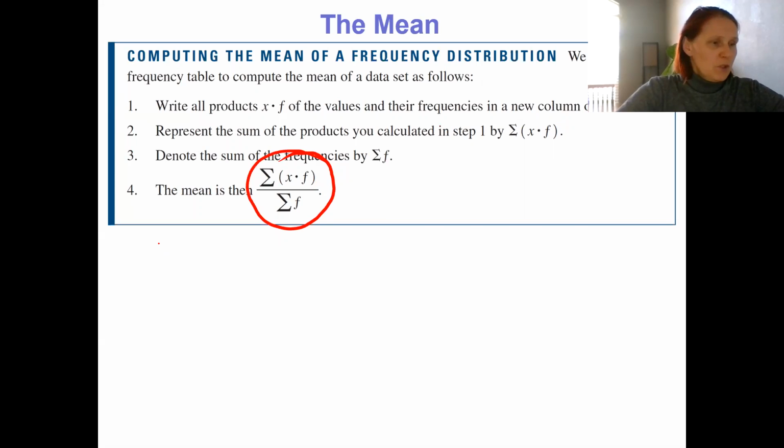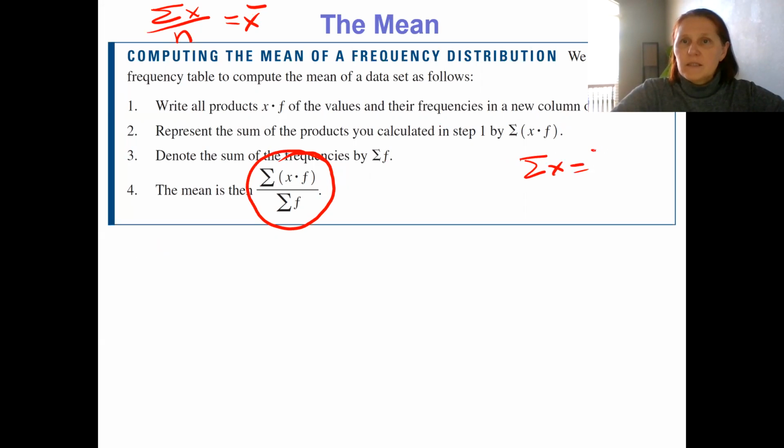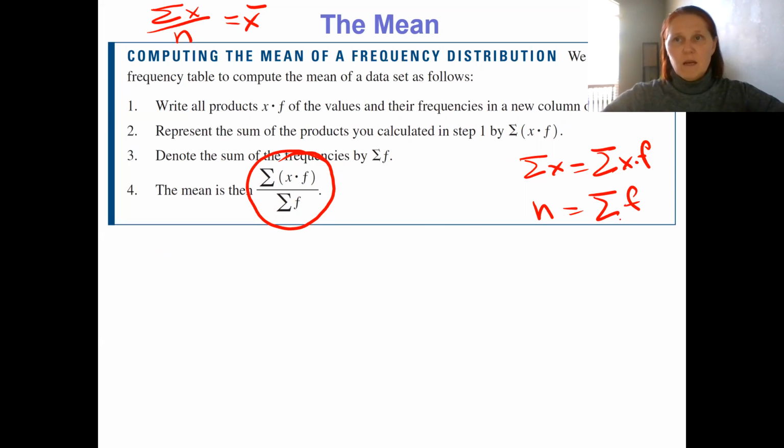If you do not use the frequency distribution, then the formula was the sum of x values divided by n. And the sum of x is the sum of x times frequency, and n equals the sum of frequencies. So if you add all the frequencies in the table, you must get the total number of elements.